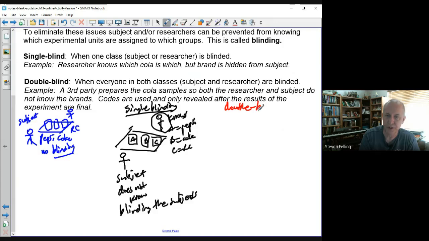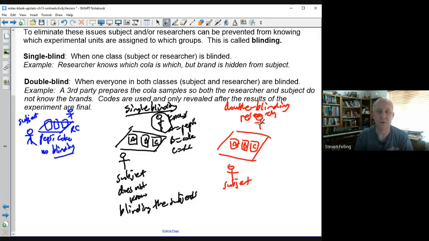That's when both the researcher and the subject have no idea what's going on. So in this case, you would have your cups here, your A, B, and C, and you'd have your researcher here, and you'd have your subject out here, right? But neither of them can know which thing is in which cup.